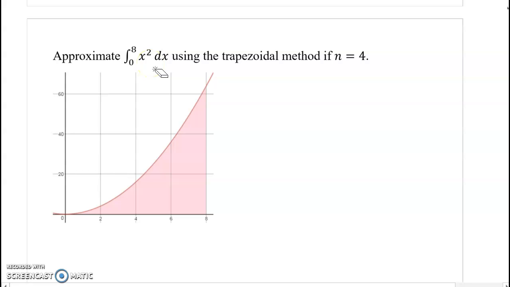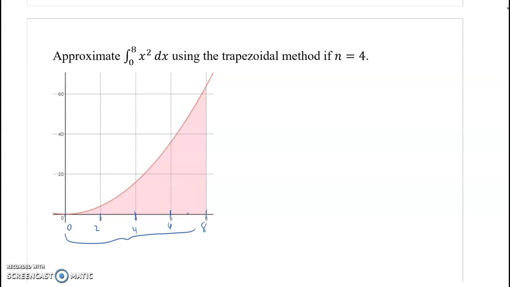We're going to try to find the area using the trapezoidal method if n equals 4. So we're going from 0 to 8, and we're going to divide that up into 4 equal subintervals. Our first subinterval is going to go from 0 to 2. Our second subinterval is going to go from 2 to 4, 4 to 6, and 6 to 8. Those are 4 equal subintervals from 0 to 8.